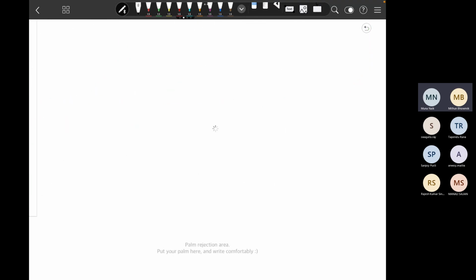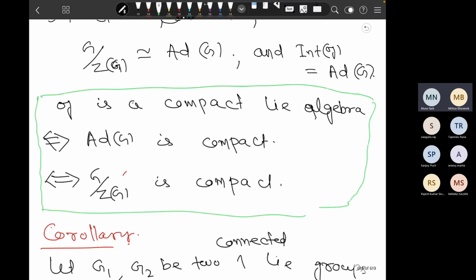For instance, if you look at SL2R and the universal cover of SL2R, these both are connected Lie groups, and these both will have the same, isomorphic Lie algebra.